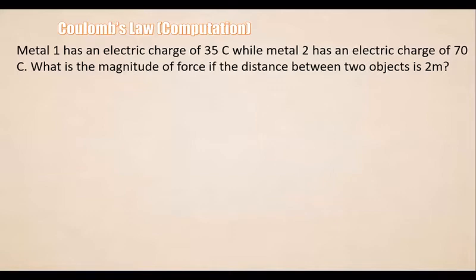Let's find first the givens. Q1 is 35 coulomb, Q2 is 70 coulomb, and the distance between these two charges, represented by R, is 2 meters.